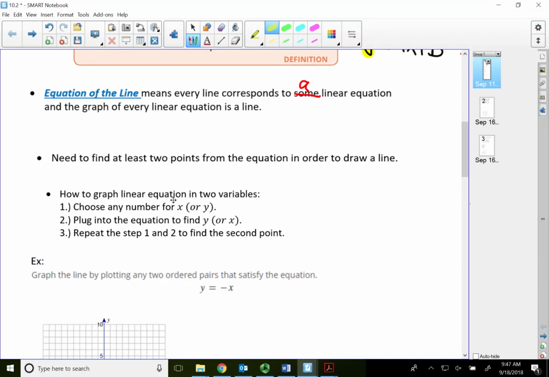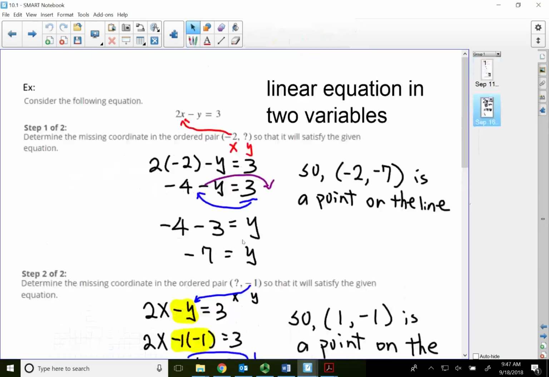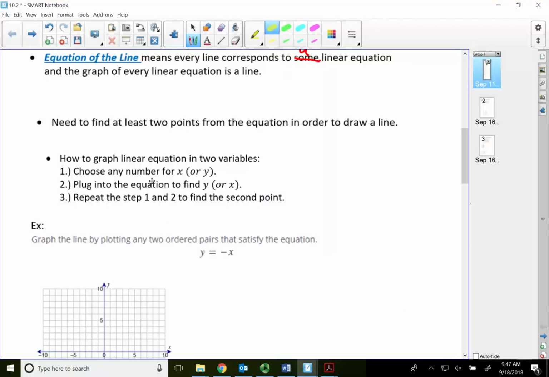To graph a linear equation, the first thing we do is choose any number for x or y. If I go back to 10.1, in the example with 2x minus y equals 3, the problem already gave me a negative 2 for x or a negative 1 for y. But now we are the ones who have to choose any number for x or y ourselves.